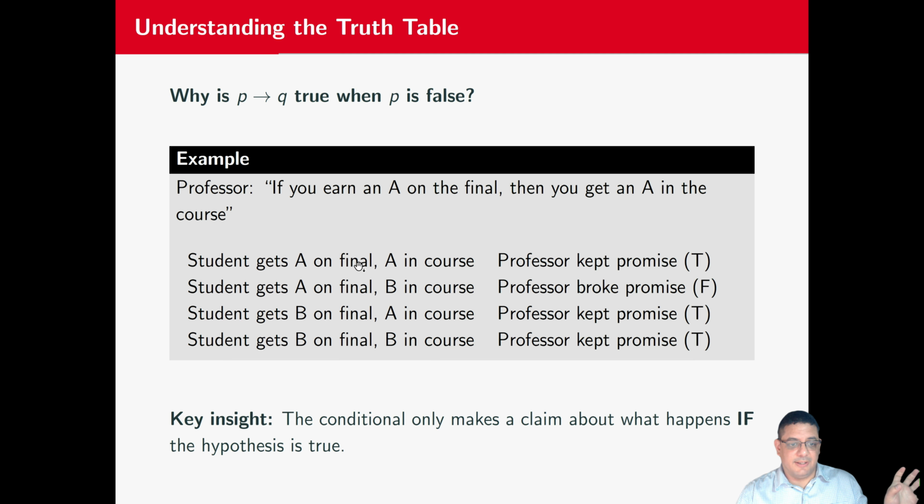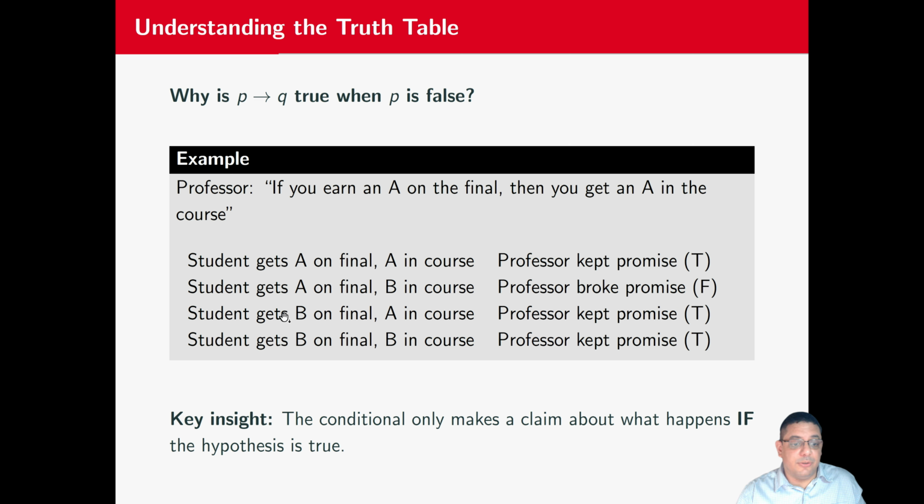The antecedent is true, the consequent is true. Now, if the student gets an A on the final, but gets a B in the course, then the professor broke the promise. So the implication is not correct, because we got the antecedent, but we did not get the consequent. In that case, the implication is false.